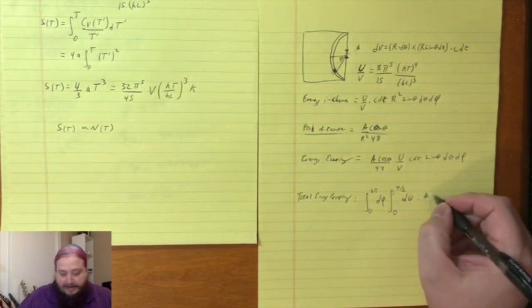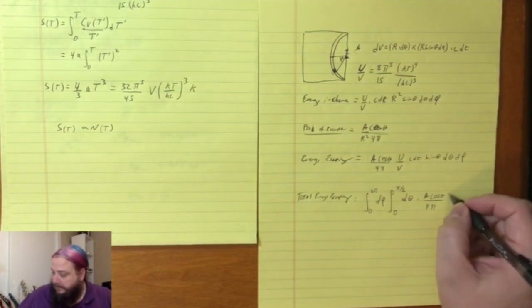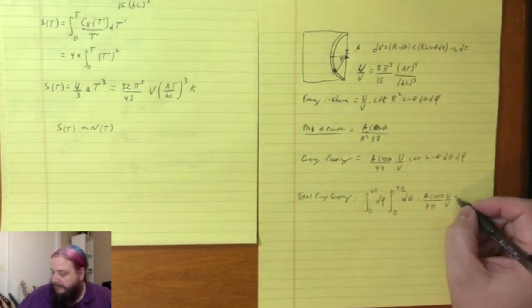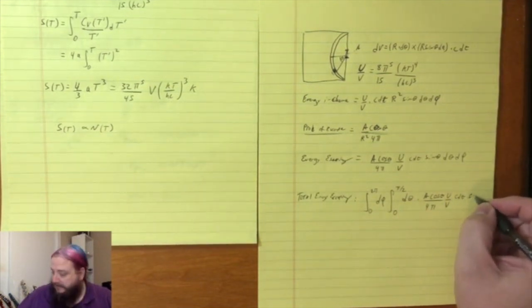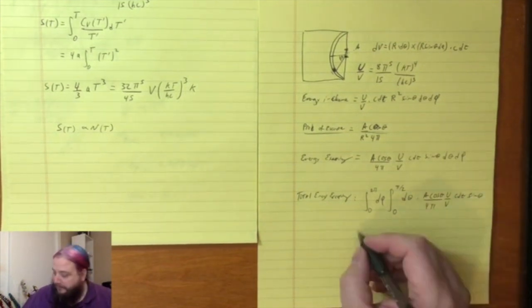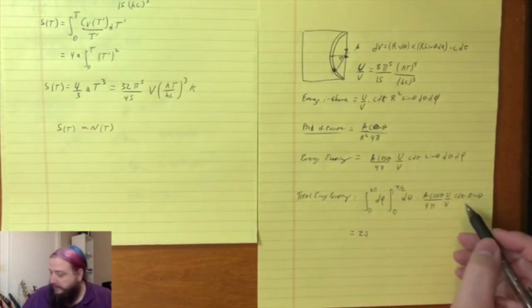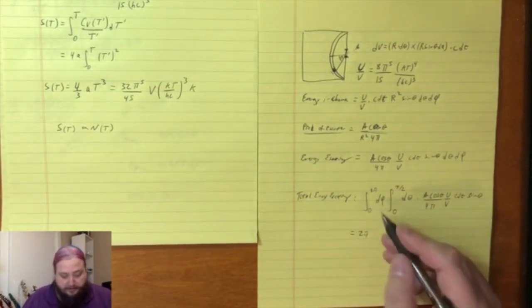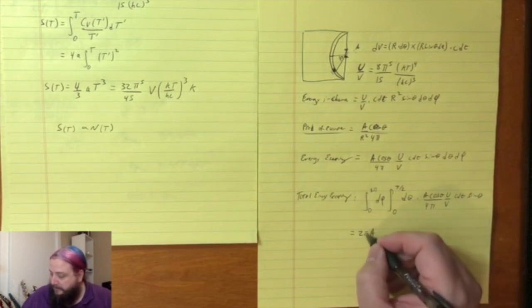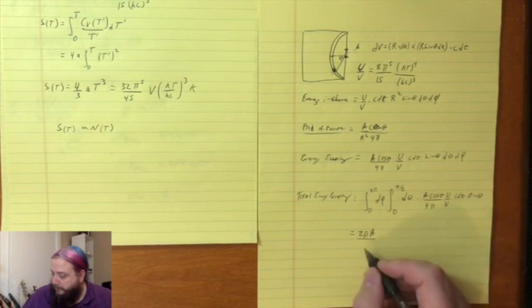Times, again, a cosine theta over 4 pi U over V c dt sine theta. And we'll pull a bunch of constants out front, so that's 2 pi from the integral times the area over 4 pi from our probability.